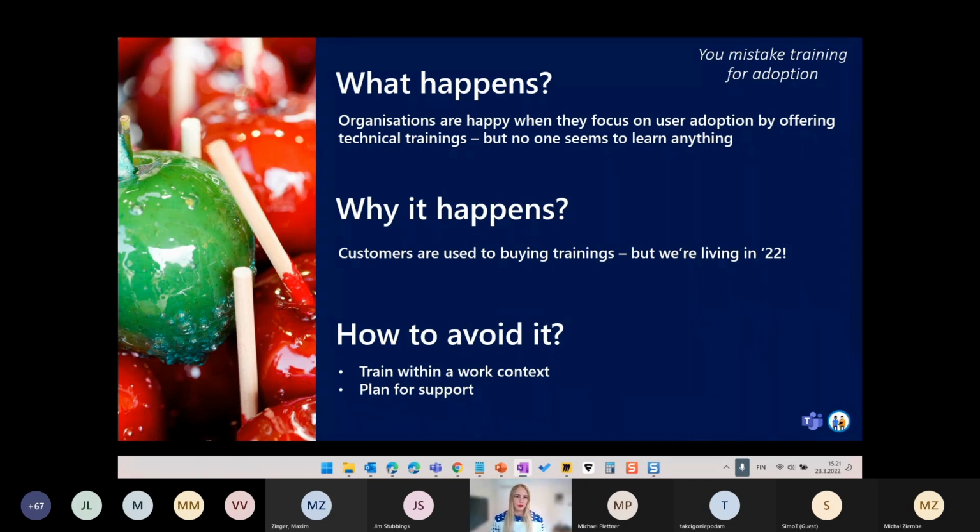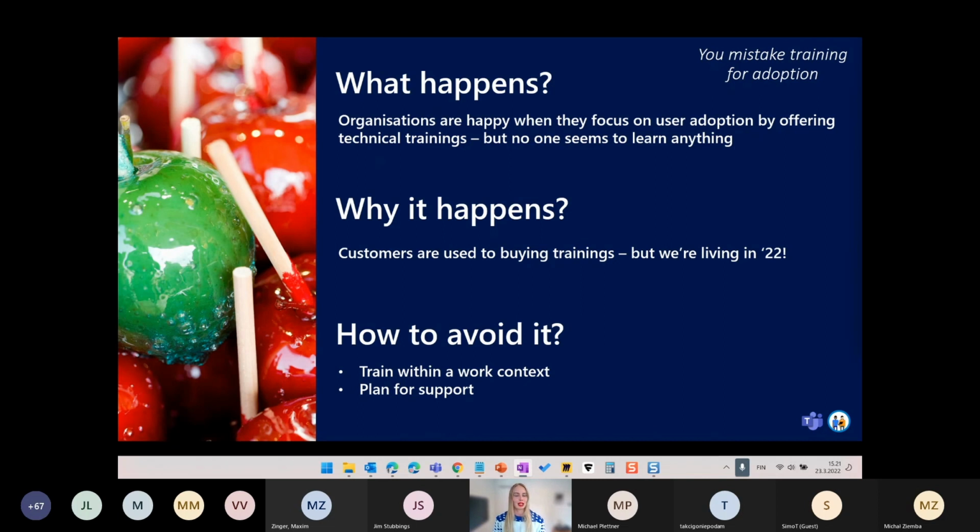And this is also some real customer feedback we had gotten. The customer wanted to buy Teams technical trainings. We said to the customer that, yeah, it's no use. We can do those trainings, but nothing changes. And the customer said, we want those trainings, nothing more.